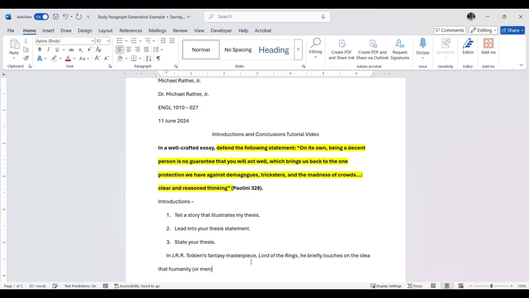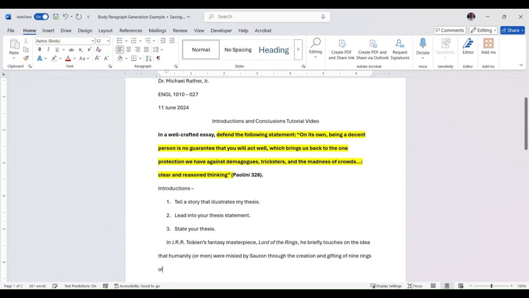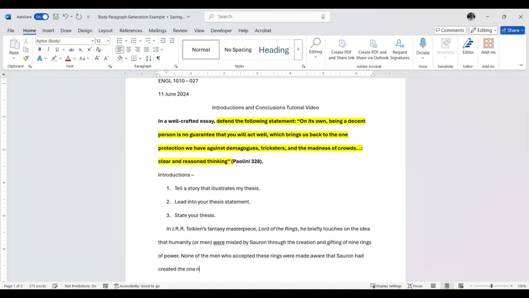or men, were misled by Sauron through the creation and gifting of 9 rings of power. None of the men who accepted these rings were made aware that Sauron had created the One Ring to rule them all.